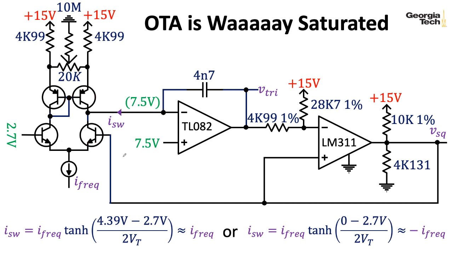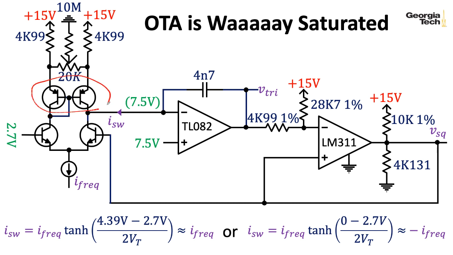So usually if you're building an OTA for linear computation purposes, like in a filter, you would like the NPN transistors here to be matched. Since we're just using these as switches, it's not important here that the NPN transistors be matched, but it is important that the PNP transistors forming the current mirror be matched, either in this switching circuit or in an OTA you're using for linear purposes.